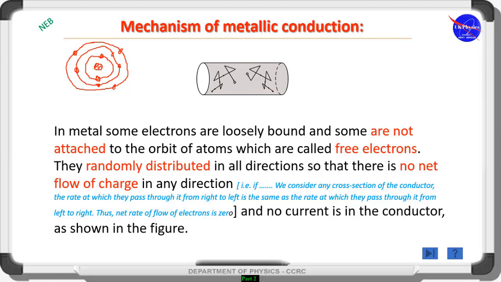Here we just have to understand the electrostatic force between nucleus and electron. Suppose for the nearest electron, the electrostatic force between nucleus and this electron might be strong, but as compared to this, the electrostatic force between this electron and nucleus might be weak.